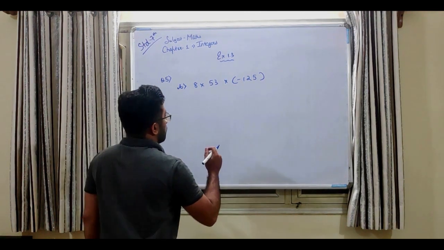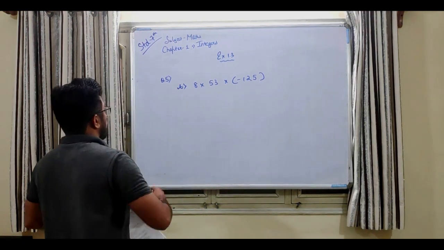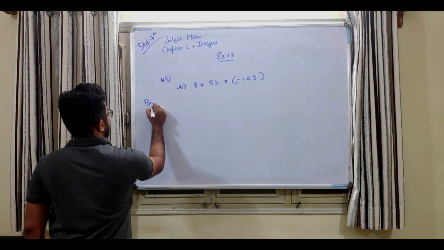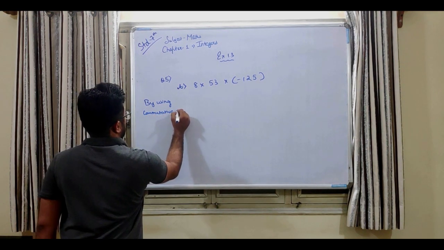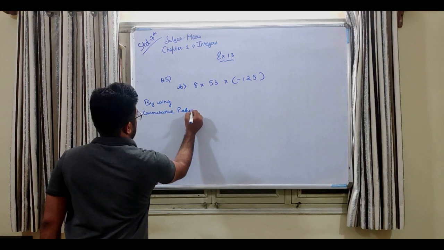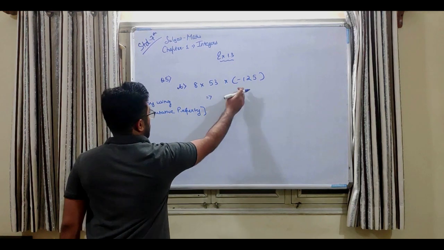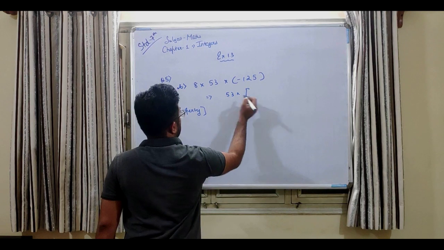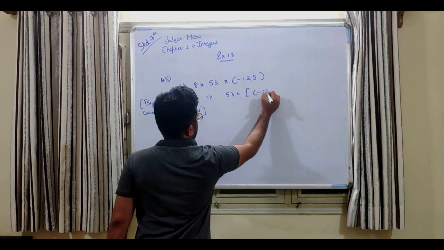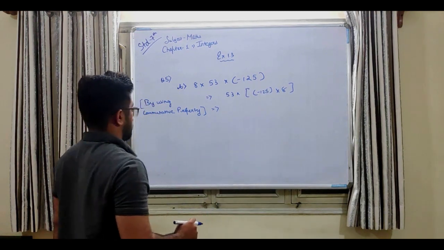What we can do is use the grouping method, that is we will use commutative property, and group 125 with 8, that is 53 multiplied by minus 125 into 8. Okay, so we will solve the same.